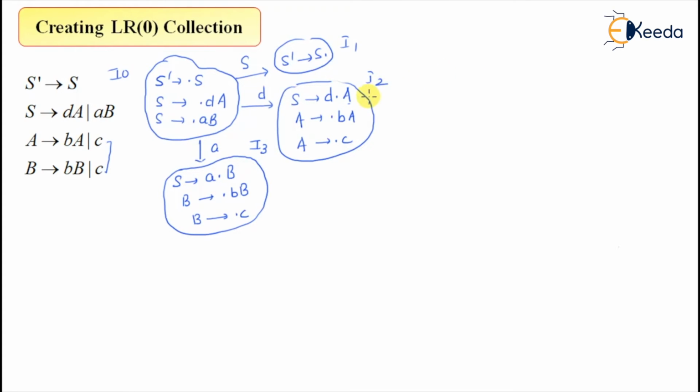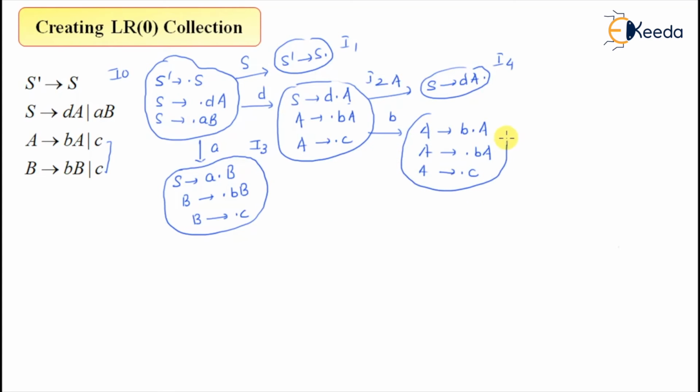Okay, so now we'll proceed further. On input capital A, this will become S derives dA dot, and that is your I4 state. On input small b, it will become A derives b dot A, the dot is in front of A, so again the A productions, A derives dot bA and A derives dot c.